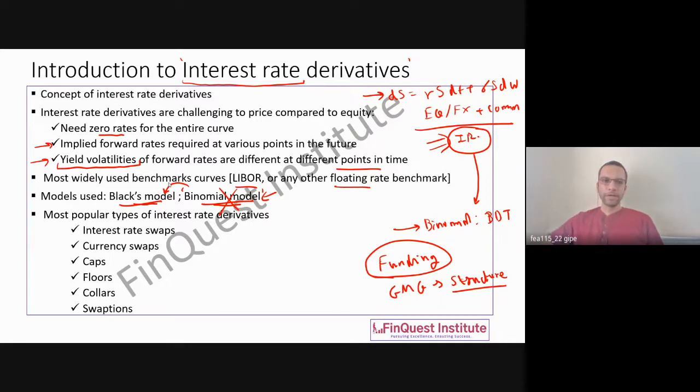Now, a few popular interest rate derivatives, you have IRS and CCS. So did you guys have a separate review of IRS and CCS in your previous subjects? Were these products introduced as well? And maybe have you done pricing of these products also? Interest rate or currency swaps? No, sir.